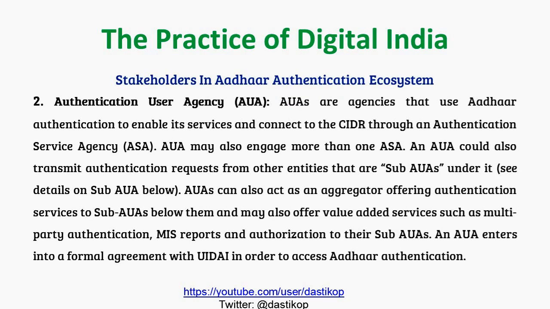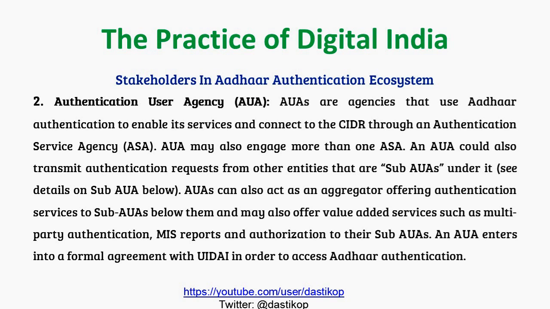The second stakeholder in the Aadhaar authentication ecosystem is the Authentication User Agency, or AUA. AUAs are agencies that use Aadhaar authentication to enable their services and connect to the CIDR through an Authentication Service Agency (ASA). An AUA may also engage more than one ASA.